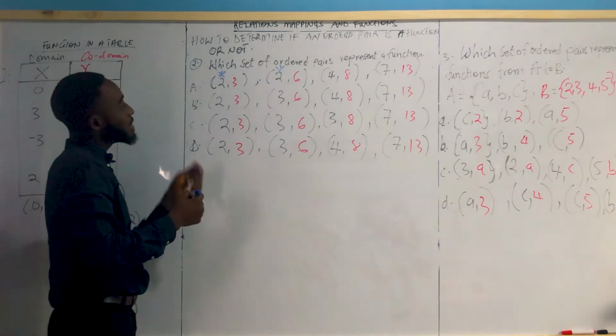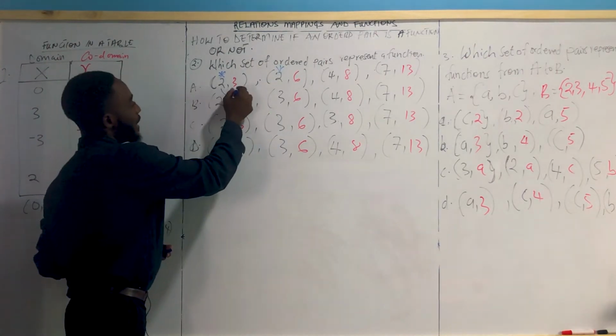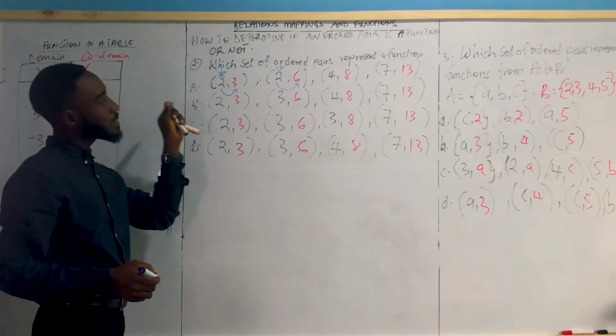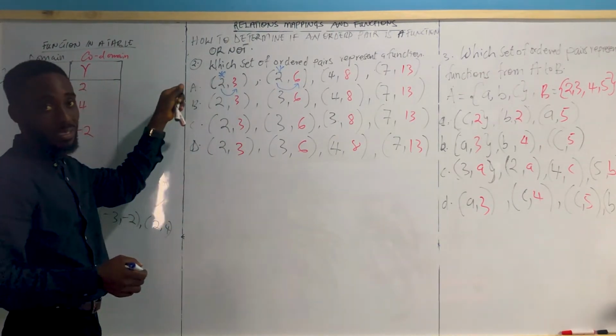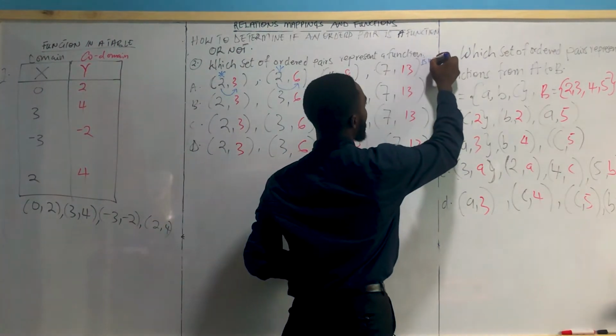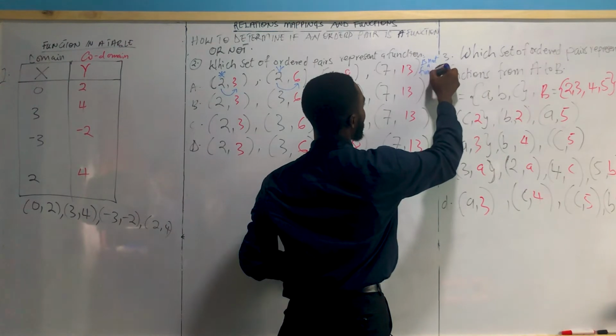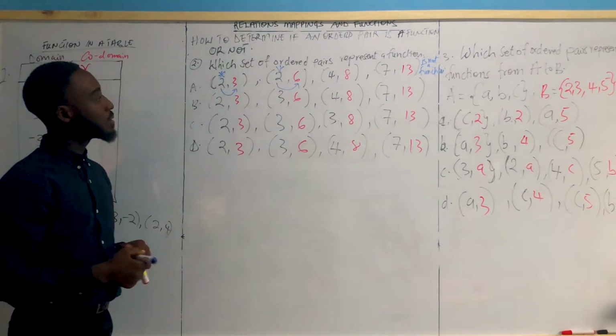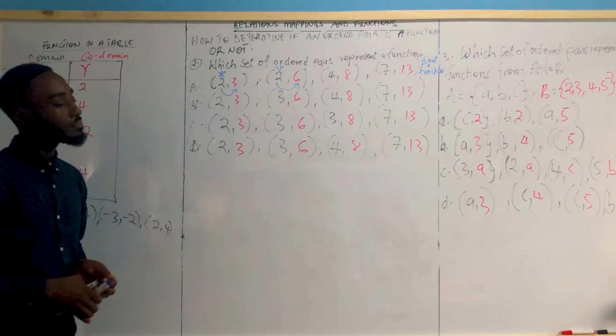On one occasion, 2 maps to 3, and at another point, 2 maps to 6. So the first set of ordered pairs is not a function, since the x values are not unique.